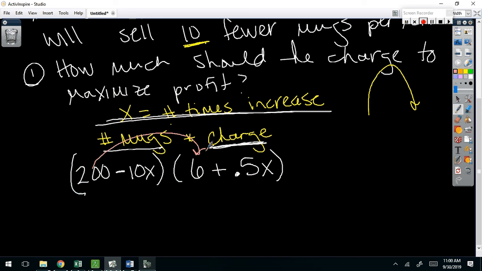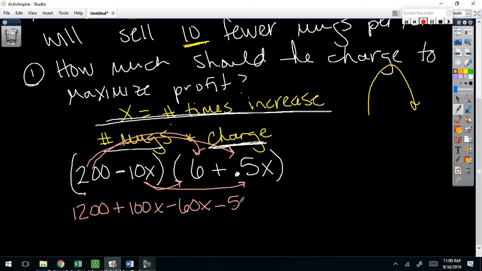All right, 200 times 6 is 1,200. 200 times 0.5x would give me 100x. Then negative 10x times 6 is minus 60x.